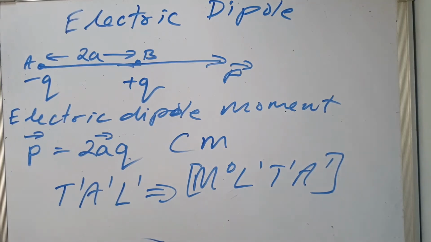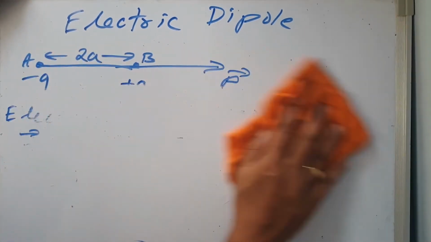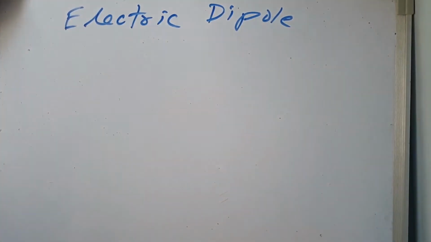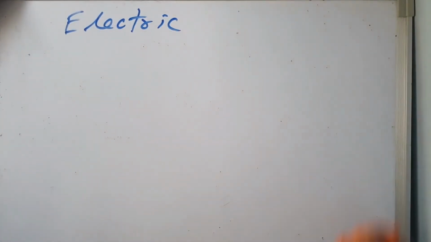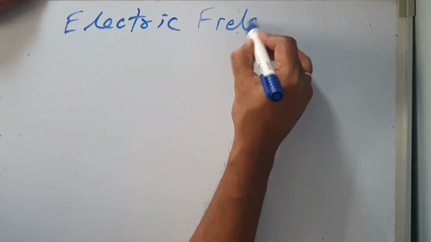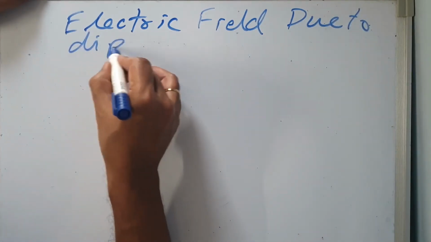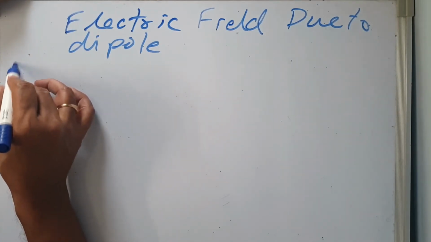Now, we are going to derive an expression for electric field intensity near an electric dipole. Electric field due to a dipole at an axial point.